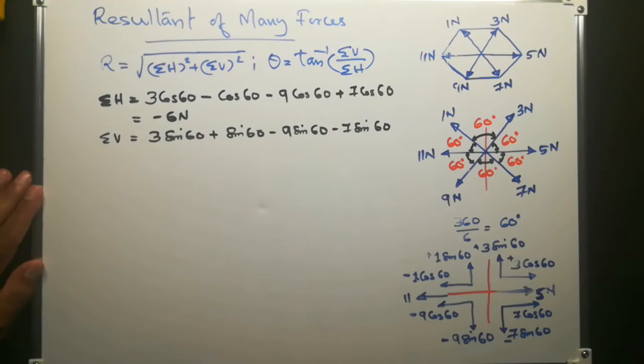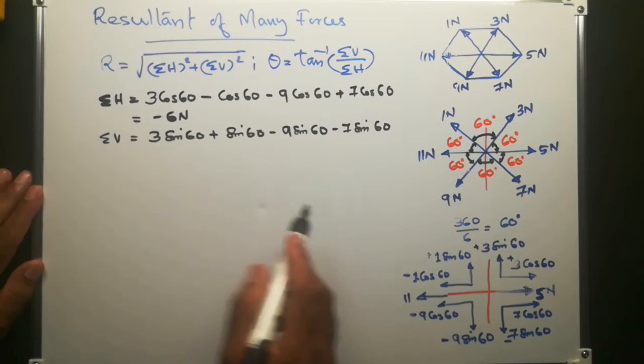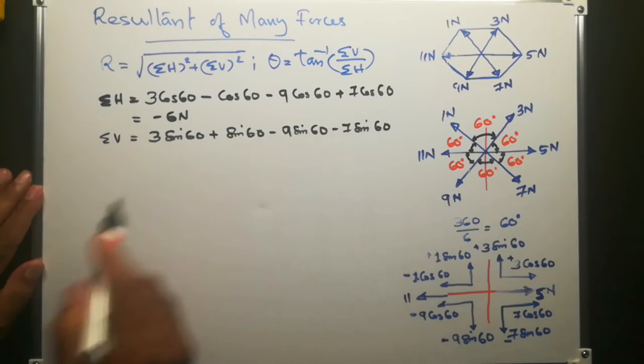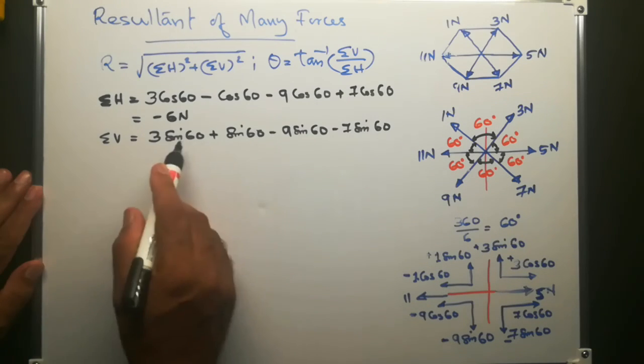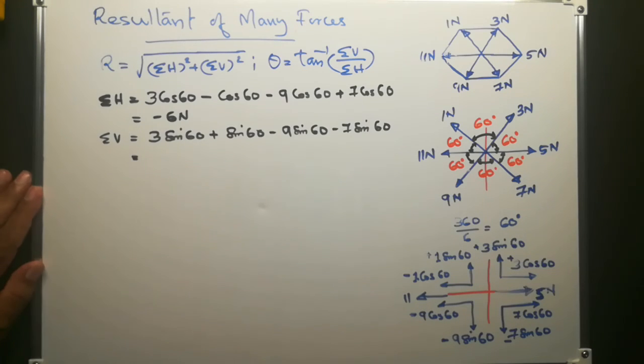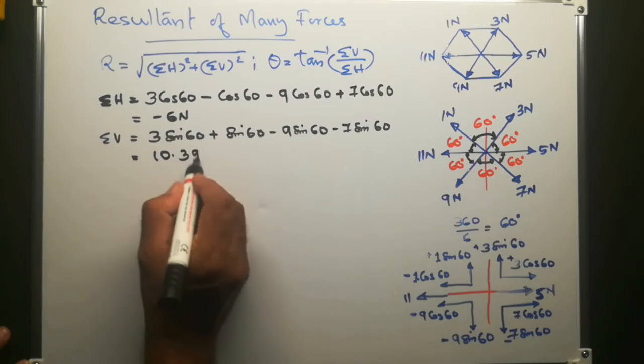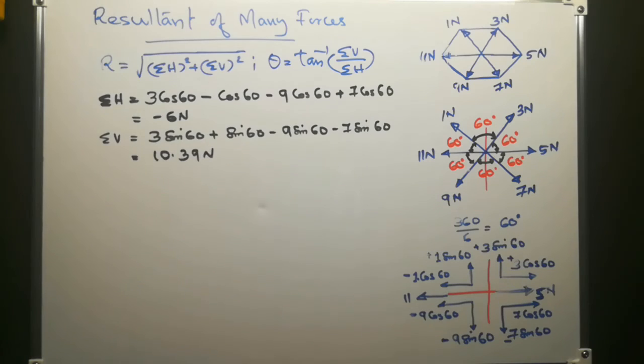Out of these 4 components, 2 are positive and the other 2 are negative. When you calculate this, you will get sigma V equal to 10.39 Newton.